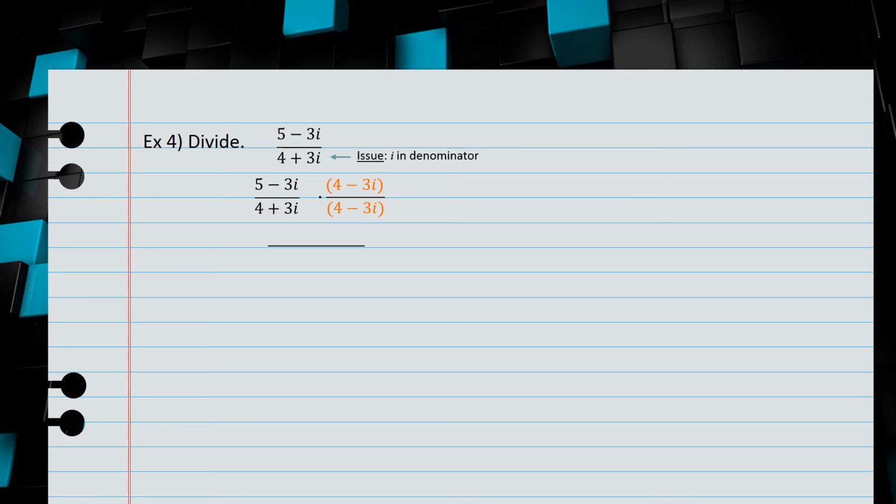So we are going to do some work on the side of our paper. For our numerators, we are being asked to multiply 5 minus 3i times 4 minus 3i. Take a moment now to multiply that and find the result. Hopefully you found the result to be 11 minus 27i.